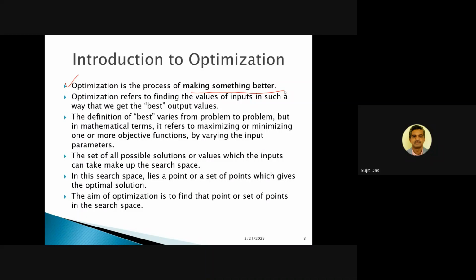Rather, using an optimization technique, the solution you get will be a better solution. What is the difference between better and best? I should say that better solutions reside in a region very close to the best solution.